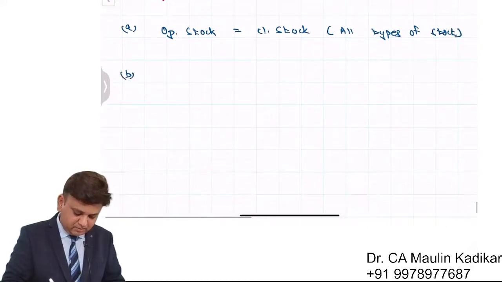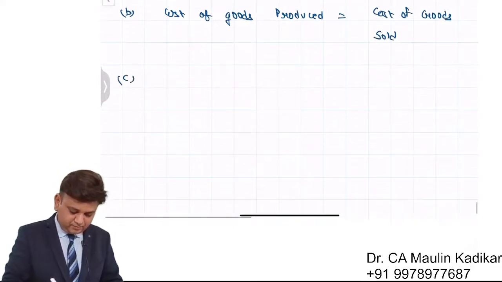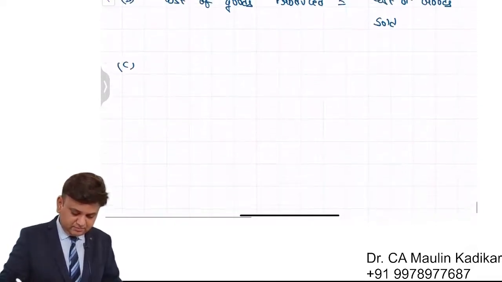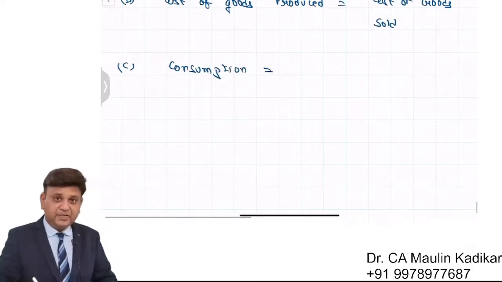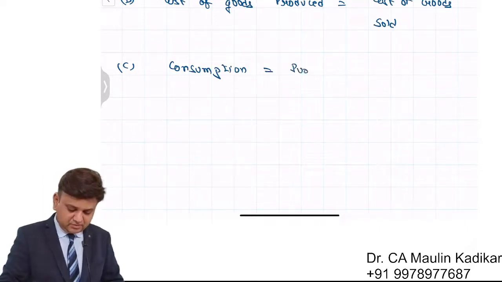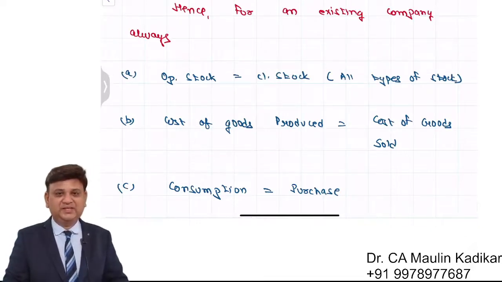B, cost of goods produced itself is cost of goods sold. C, consumption is equal to purchase. This is what we understand.